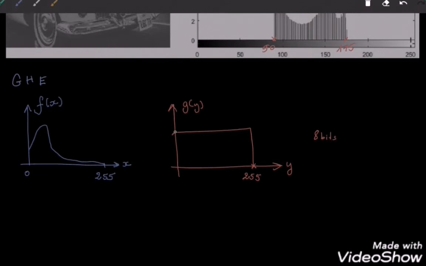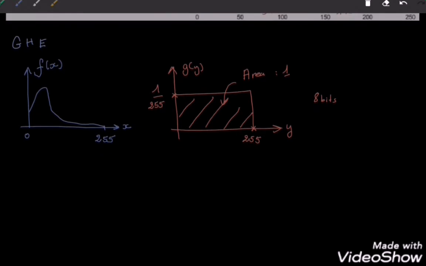And here the amplitude of this probability density function should be 1 divided by 255. This is because the area of the probability density function should be 1; the probability cannot be higher than 1 or 100%. This is why the amplitude here is 1 divided by 255.